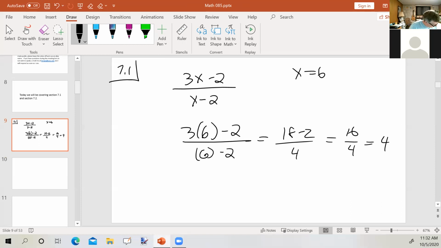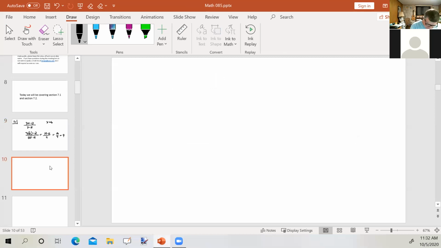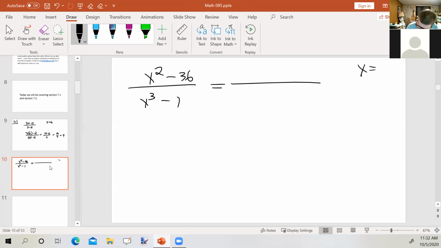What if we had this expression? x squared minus 36 over x cubed minus 1. Again, we're going to use x equals 6.